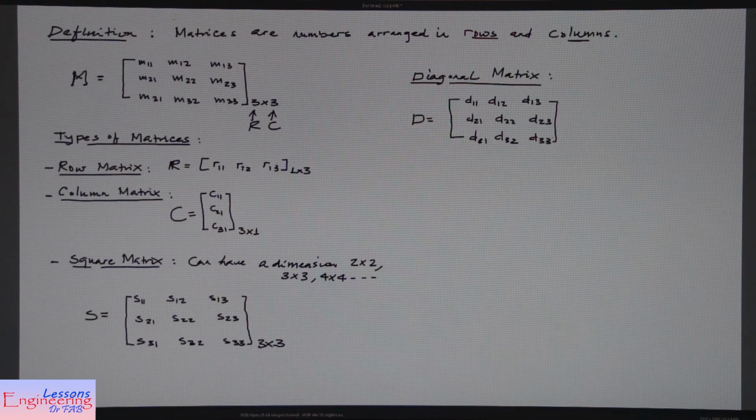Now the diagonal elements are defined on the diagonal that runs from top left to bottom right. So we call these elements diagonal elements, and the other diagonal, which runs from the bottom left to top right, an anti-diagonal.